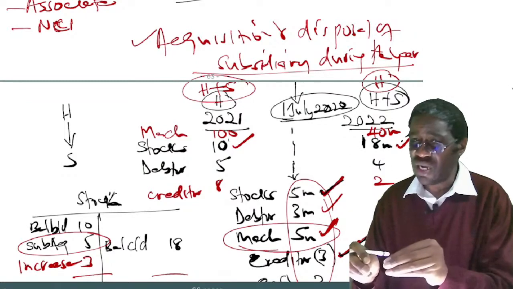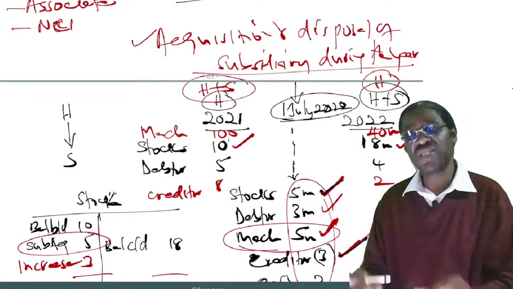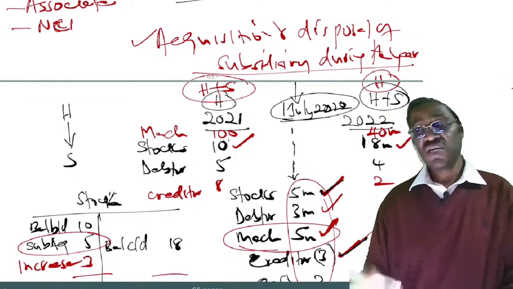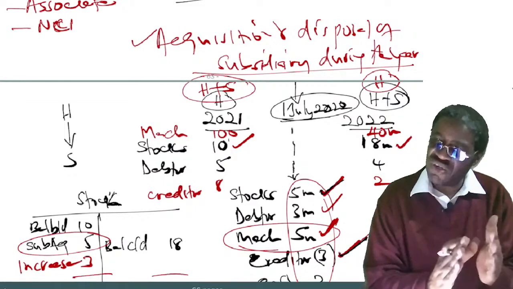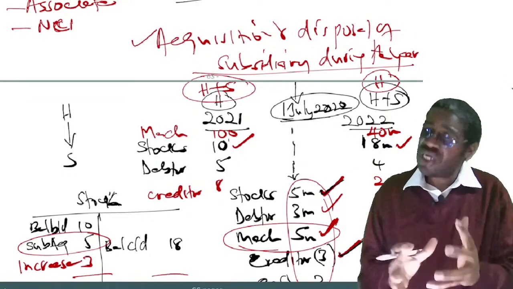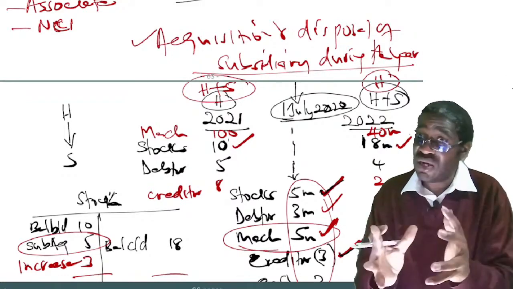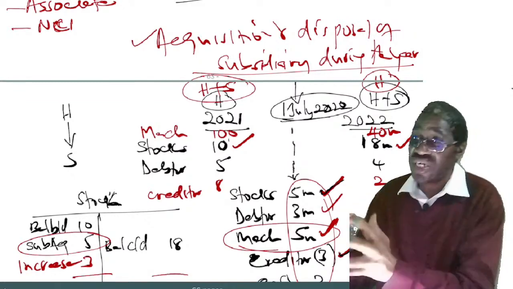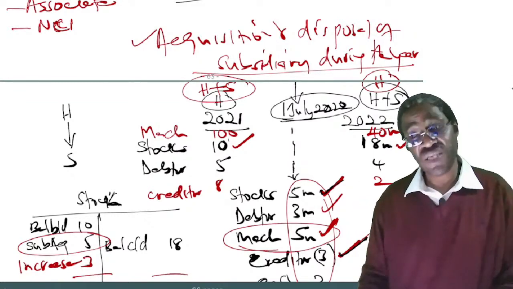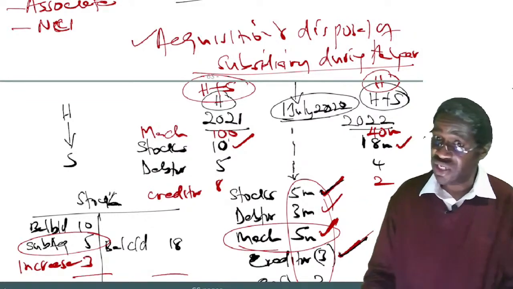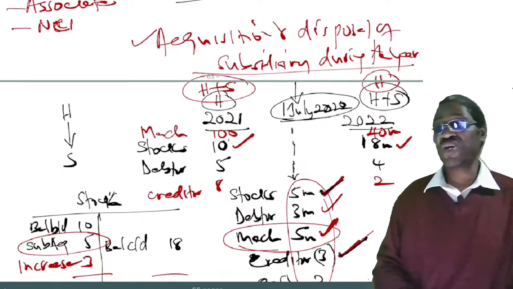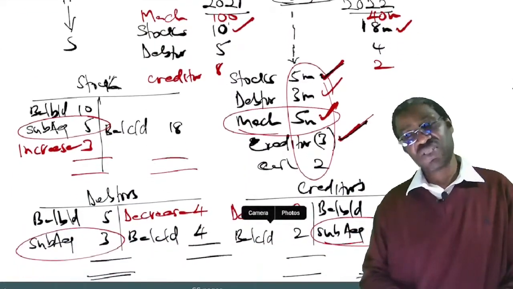If it's a liability coming in, credit it in the respective liability account. If it's a disposal and an asset is leaving the group, that asset should be credited in the respective asset account. If it's a liability, it should be debited in the respective liability account.